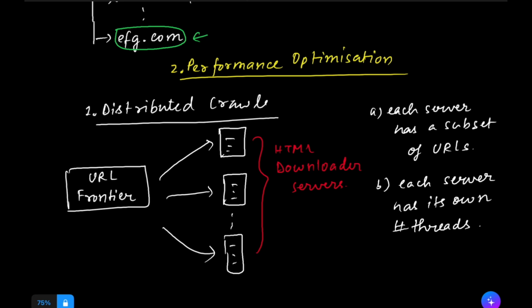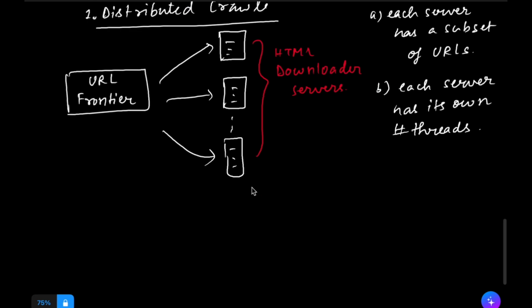So this is one method to optimize our performance, by distributing the load among multiple servers and thereby speeding up the process of URL downloads. Another thing we can do is a cache DNS resolver.